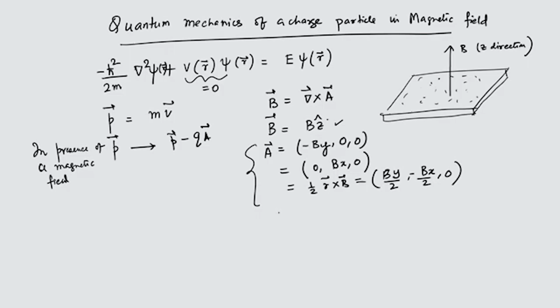Okay, and in this A, you can add or subtract, for example, a gradient of a scalar quantity, and this scalar quantity doesn't matter, because when you take a curl of this, a curl of a gradient would always be 0.